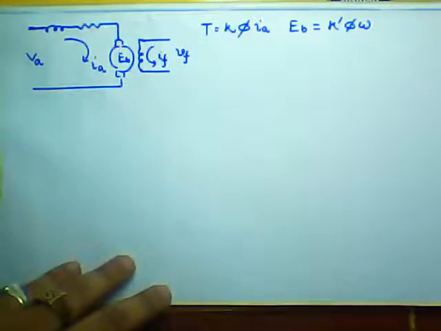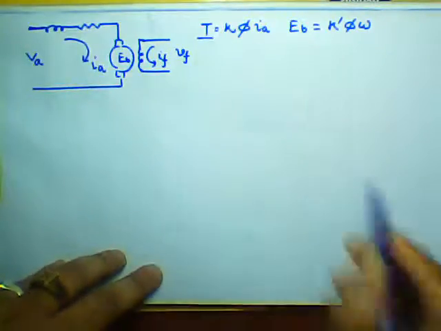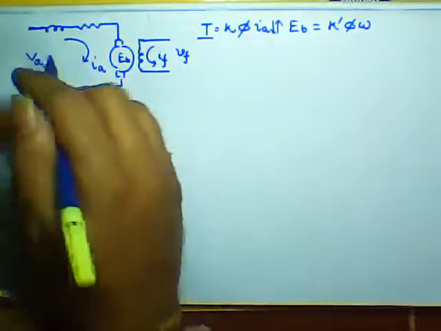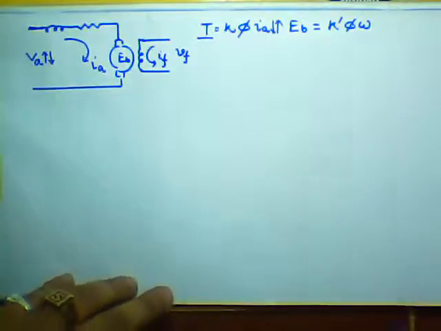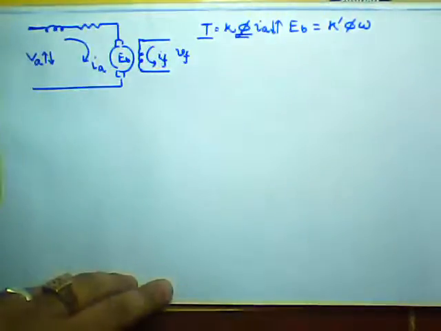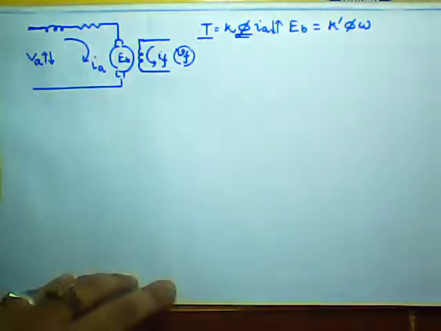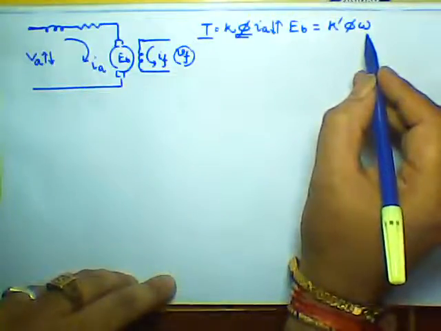From here it is very clear that if I want to change the torque of the machine, I can change the armature current by varying this VA. In that case I am not touching the flux; I can keep it constant by keeping the field voltage constant. So if I change the armature current IA, my torque will be changed, but my omega, the speed of the machine, will be unaltered.